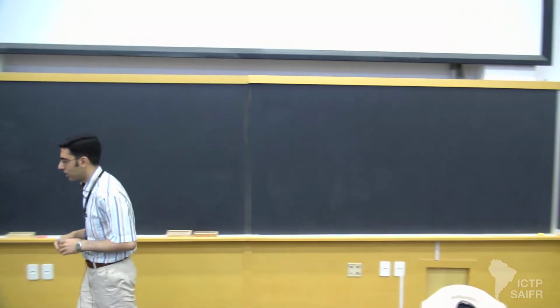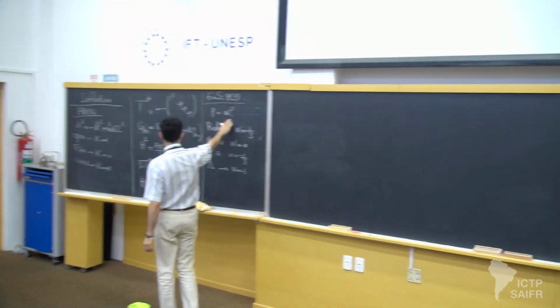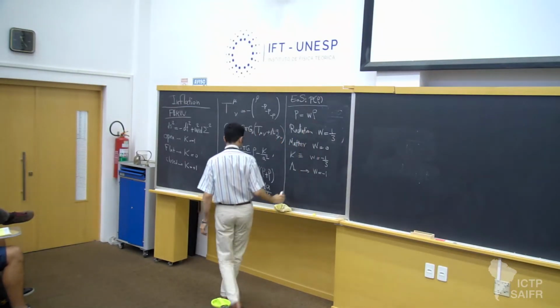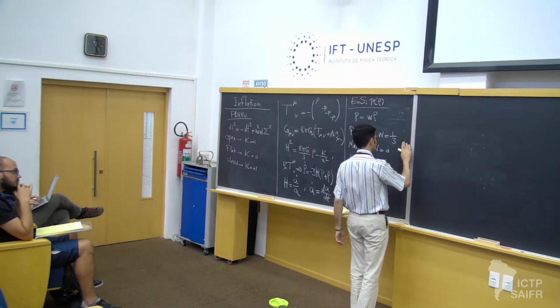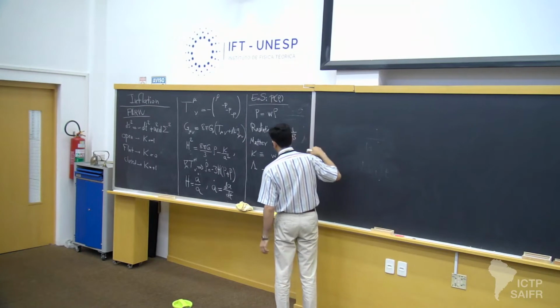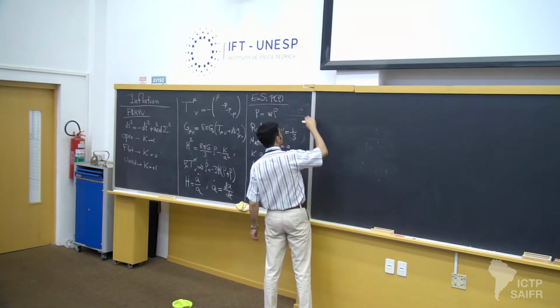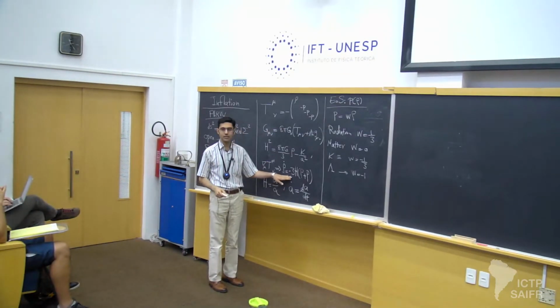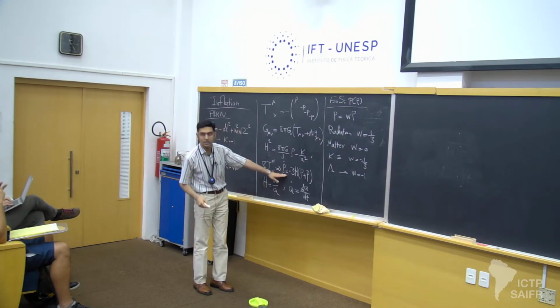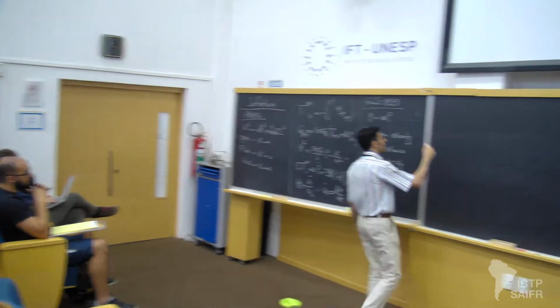OK, so these are some examples which have this form of equation of state, P proportional to rho. Now, if we have this simple form of equation of state, then we can immediately solve for the time dependence of these quantities. In particular, look at this equation, energy conservation essentially. What does it tell me?